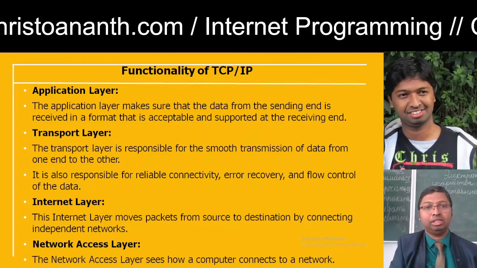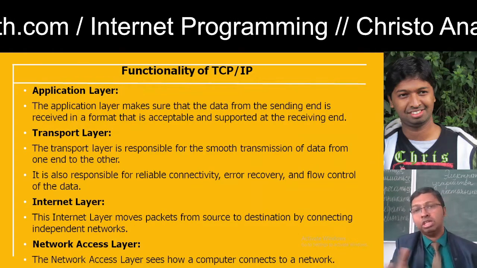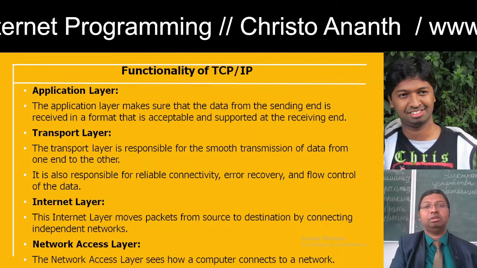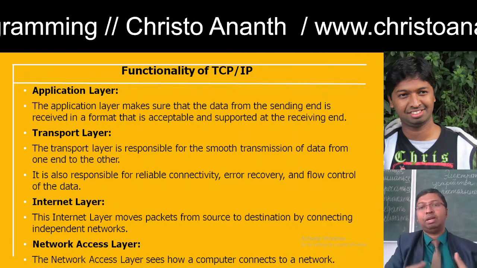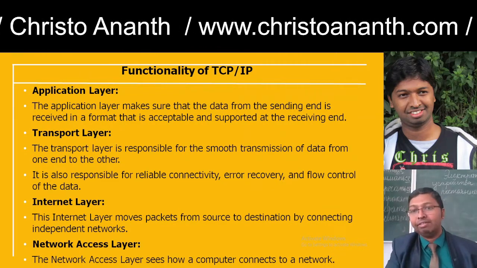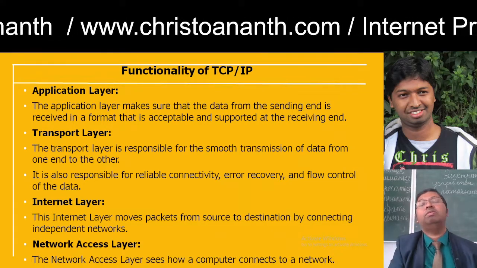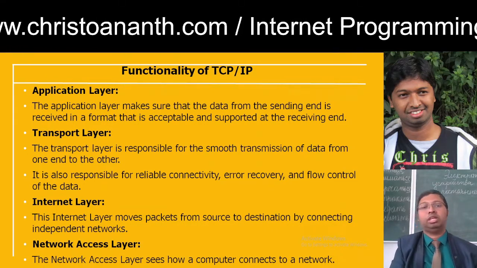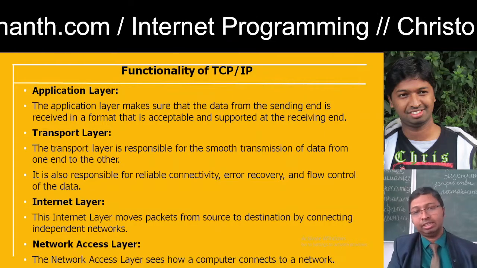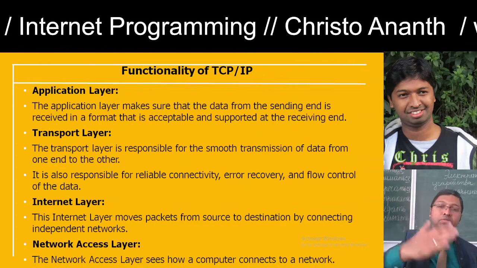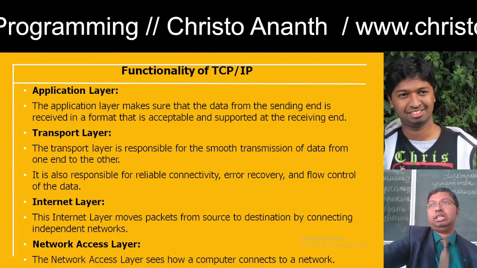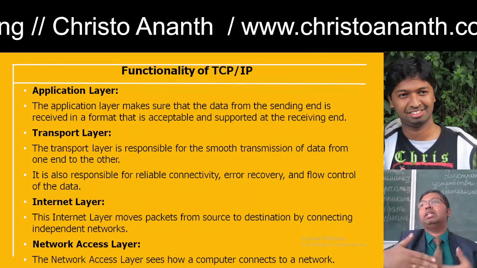Then the transport layer. The transport layer is responsible for the smooth transition of the data. For reliable connectivity, error recovery, and flow control, we can use the transport layer. Then you have the internet layer, which moves data from source to destination by connecting independent networks.